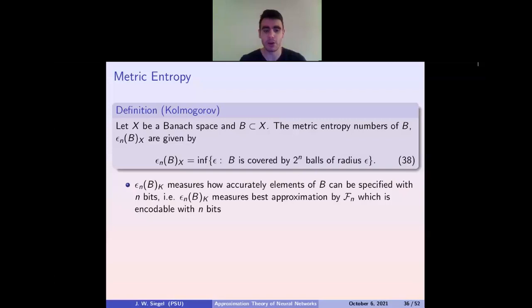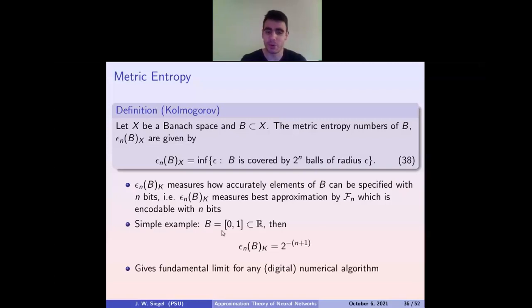A simple one-dimensional example is the interval [0, 1] in R. If I discretize this, the best thing to do is to have evenly spaced points, and there you can get an error of 2 to the minus n with n bits. Of course, in general, the case we'll be interested in is where X is some infinite dimensional Banach space of functions, and B is some class of functions.